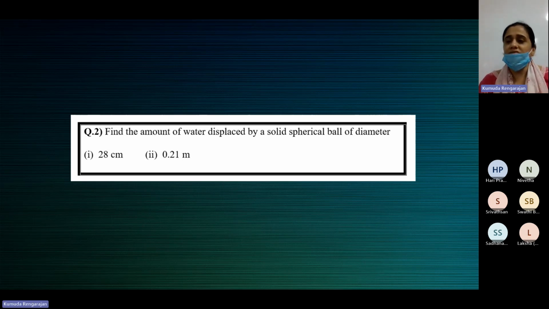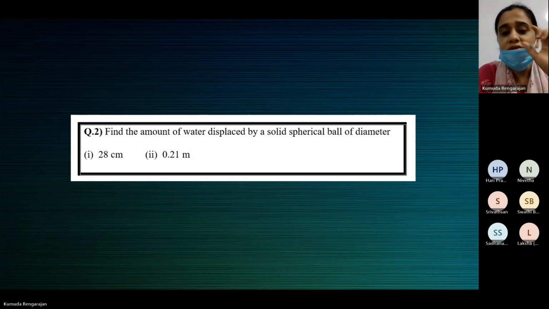So how do we understand this question? Supposing there is a beaker full of water, and you gently drop a solid spherical ball of diameter 28 centimeters into this beaker.